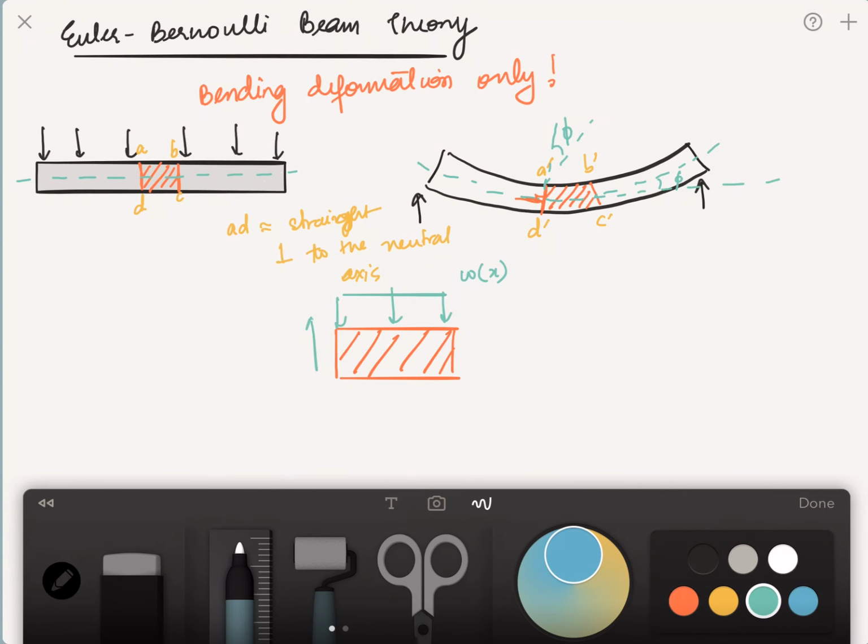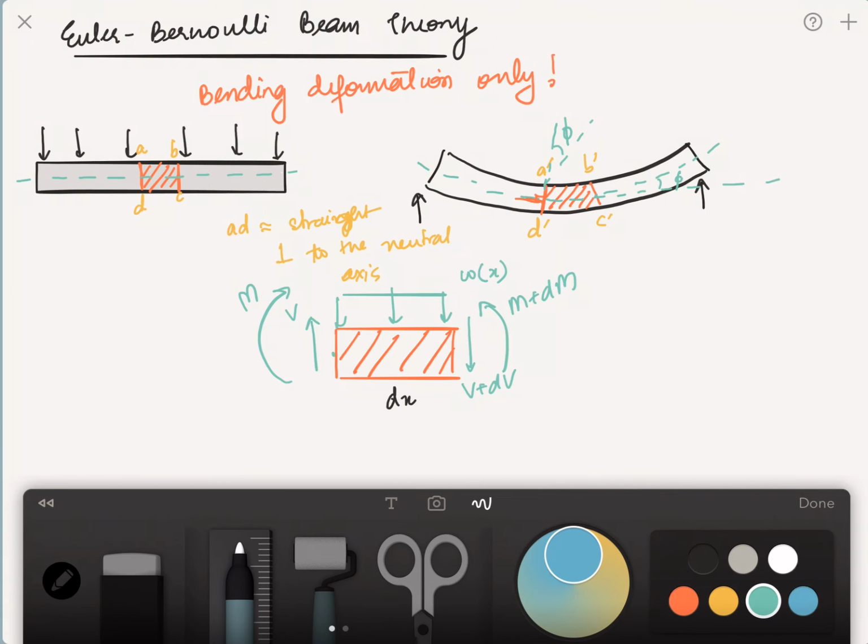So if at this face I had this shear force V, and at this I have V plus dV, because there's a certain length I'm considering here to be dx, then there will also be a moment. If there's a moment m, then here there is a moment m plus dm.